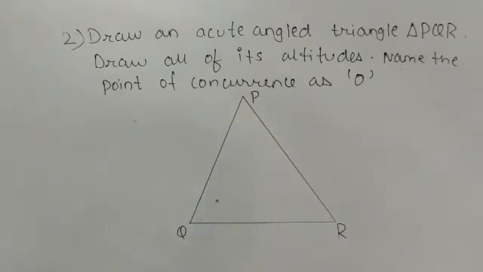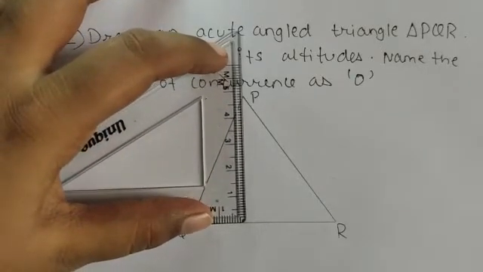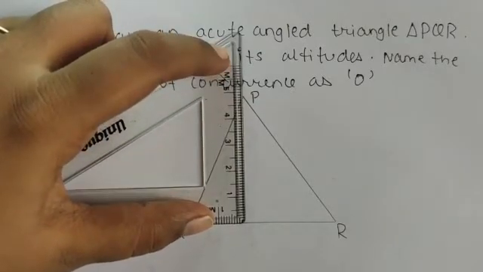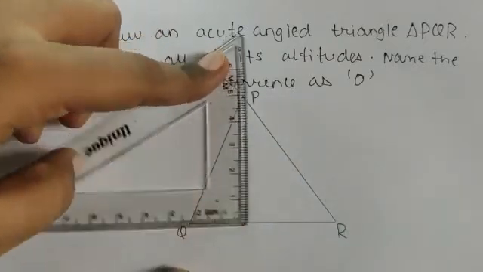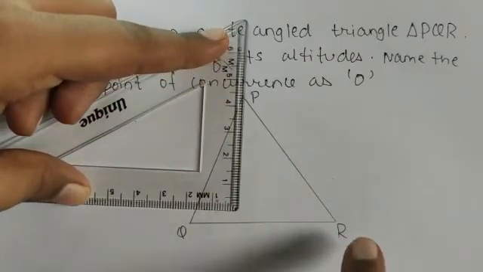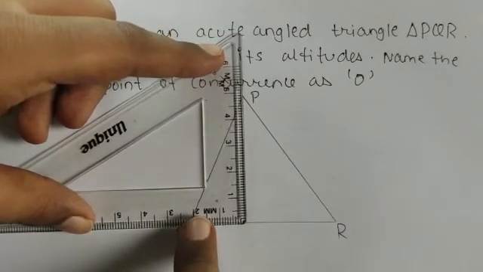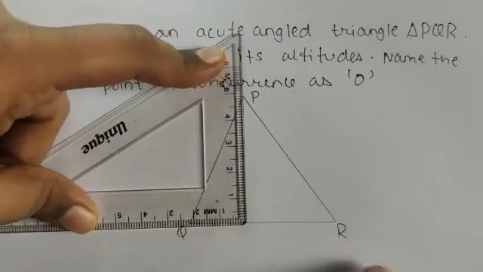So for that we will take a set square and we will place it in this position so that we can draw an altitude. So what is an altitude? It is a perpendicular segment drawn from a vertex to its opposite side, which is QR. So from vertex P we will draw a perpendicular line to its opposite side QR.